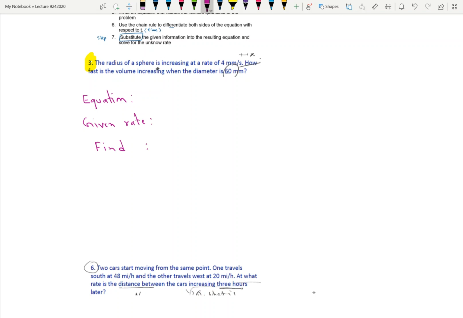So the radius of a sphere is increasing at a rate of 4 millimeters per second. How fast is the volume increasing when the diameter is 60 millimeters? So we need to find the rate of change of the volume of the sphere, and we know the volume of a sphere is V equals 4 over 3 pi r cubed, as we discussed in the last problem, that was the balloon.